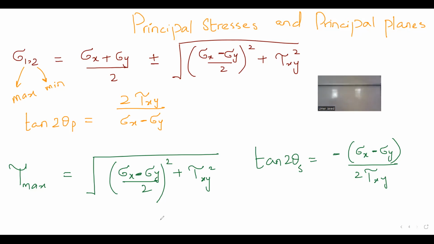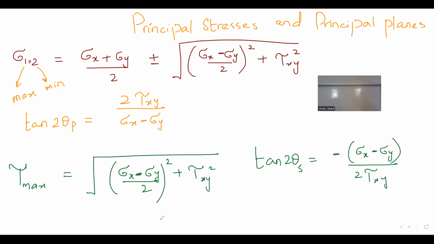We pull this wooden stick, and it breaks like this at 45 degrees. Why is it breaking at 45 degrees although I'm putting a load like this? Because there are planes that are very vulnerable, and they exist at 45 degrees, because maximum shear stress actually happens there.